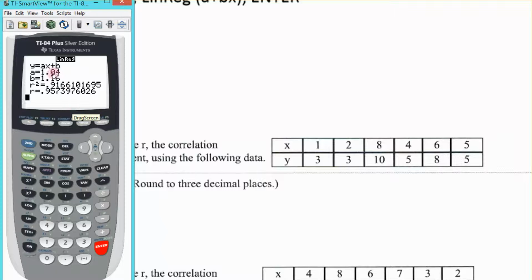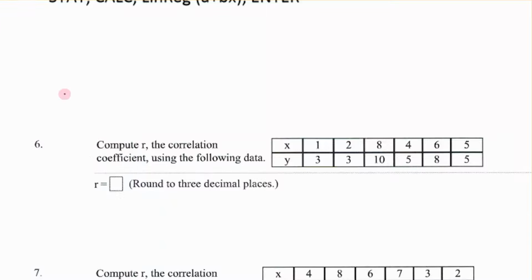It gives you the numbers you need for the equation of the line that is closest to fitting your data, and the very last item is R. That's your correlation coefficient. Our instructions say to round to 3 decimal places, so 0.957, and I won't round up. So my answer is 0.957.